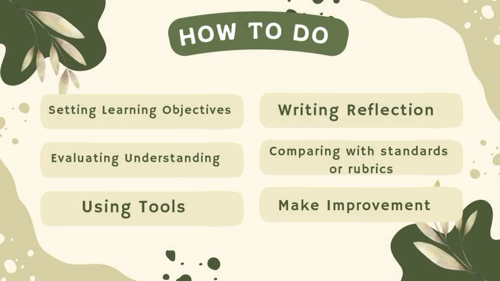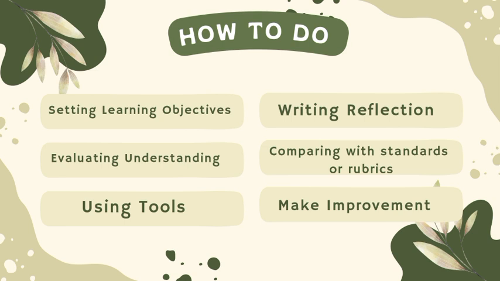And how to do self-assessment? 1 is setting learning objectives. It means students need to understand what they want to achieve. 2 is evaluating understanding. Students reflect on how well they understand the material. 3. Using tools. A checklist, rubric, or journal can be used to judge yourself.